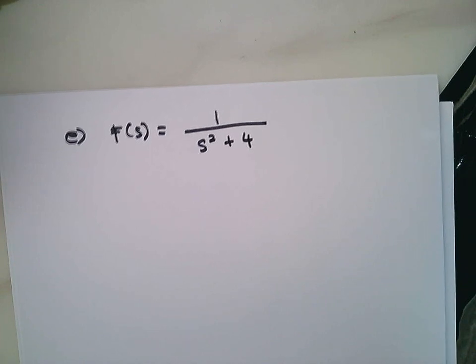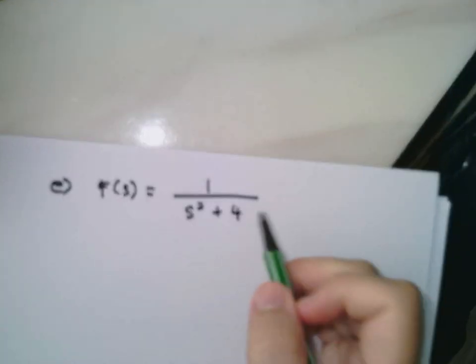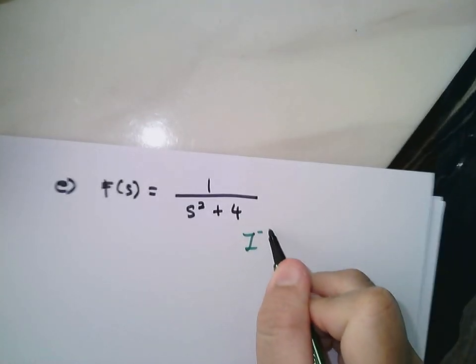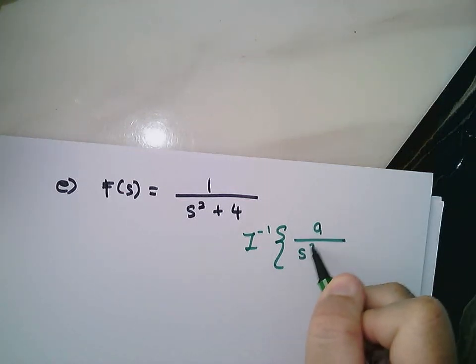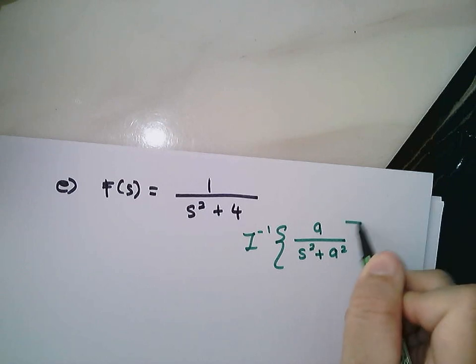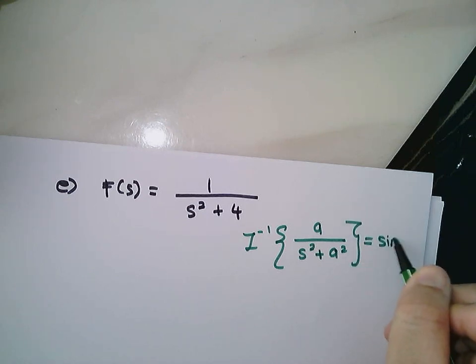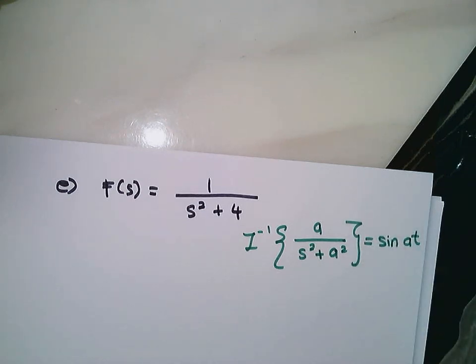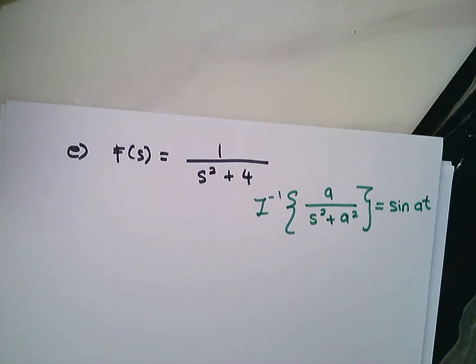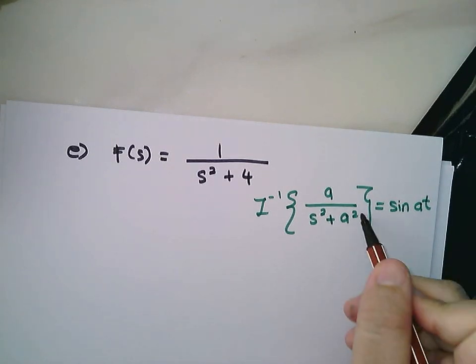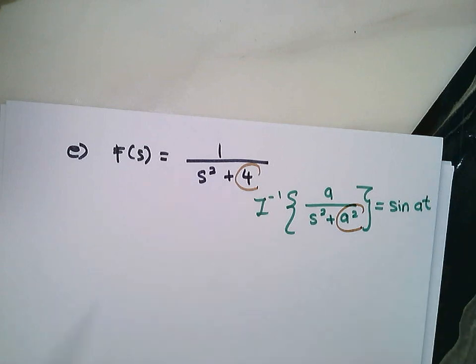By looking at the table of the Laplace transform, the general one, F(s) equals Laplace inverse of a over s squared plus a squared, is equal to sine at. Define your a by comparing the general one here with what you have here.